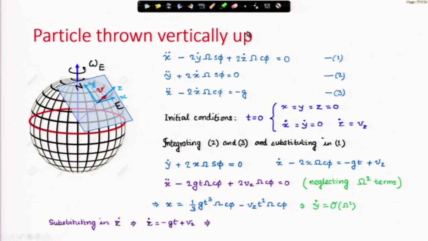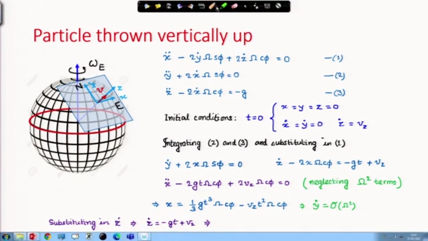Now, this also can be substituted here in the z dot expression, and again neglecting omega square terms, you will finally get, this is quite surprising, that z dot follows the same dynamics as we normally use for projectile motion.